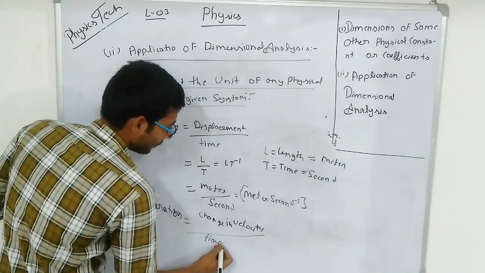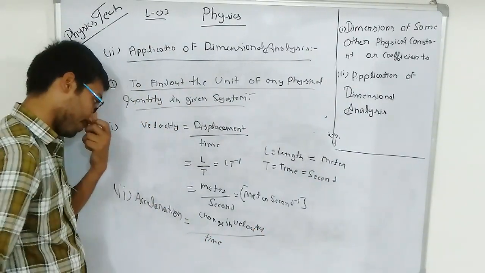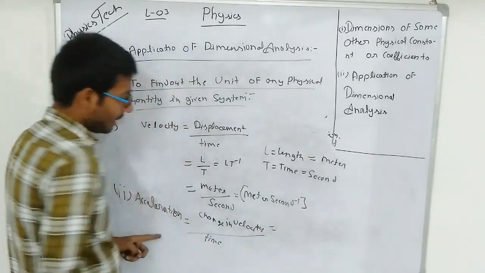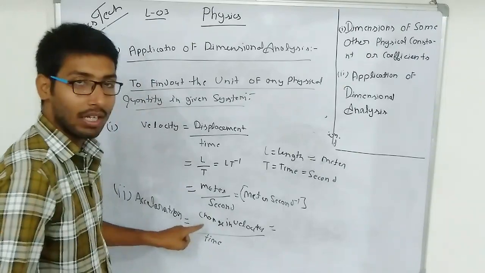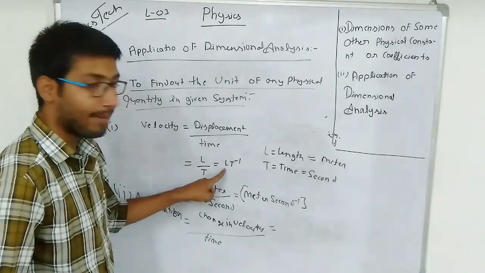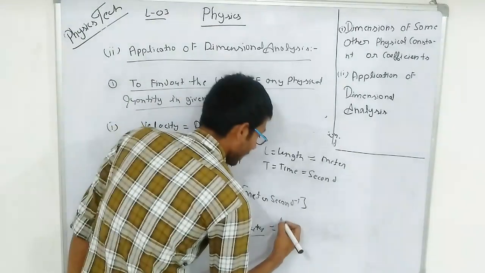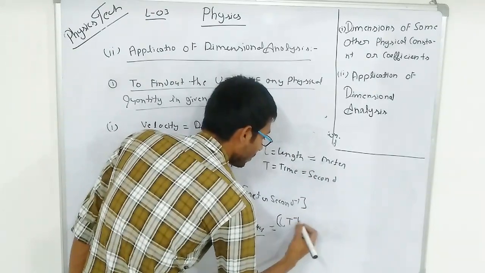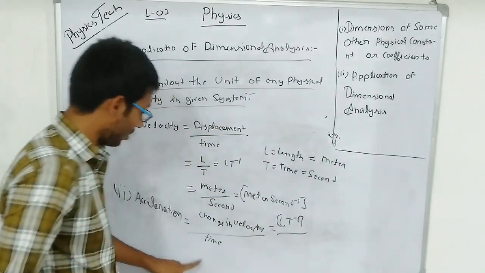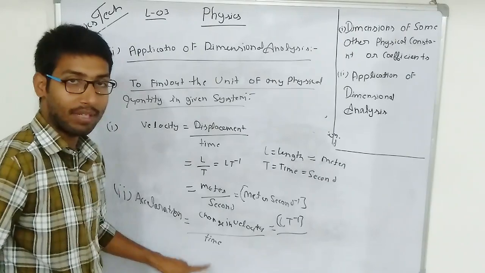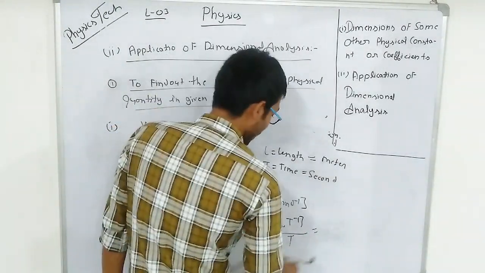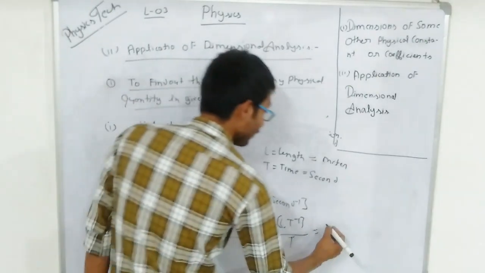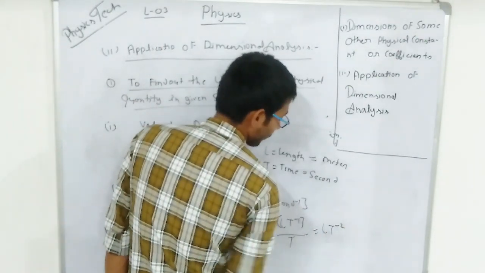The dimensional formula of change in velocity is L T base minus 1, upon the dimensional formula of time, which is capital T. So the dimensional formula of acceleration is L T base minus 2.